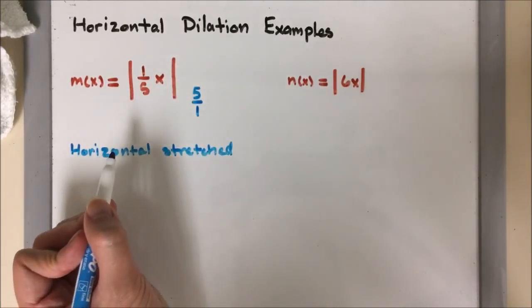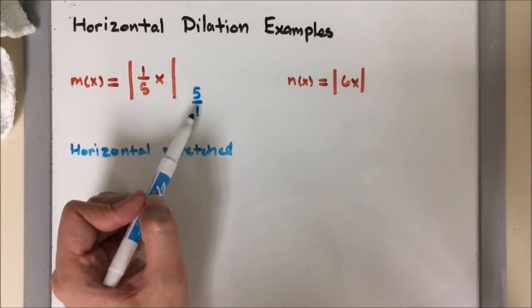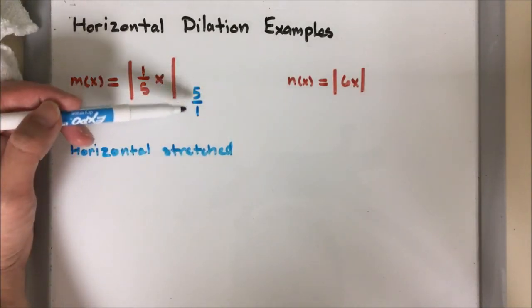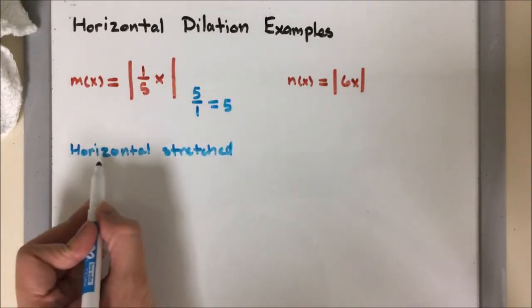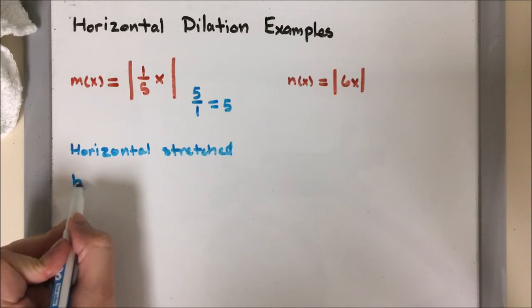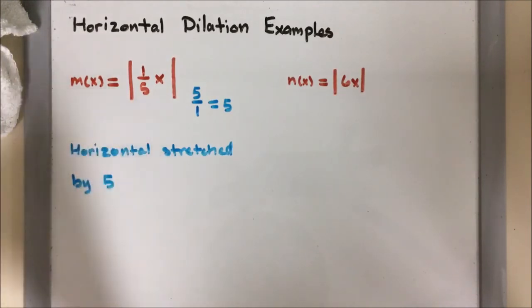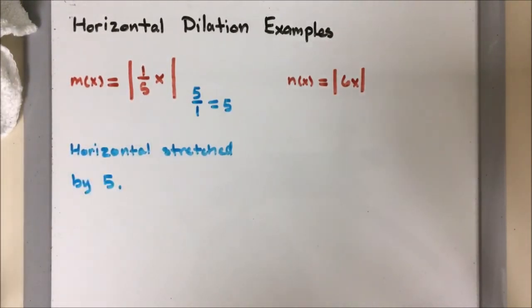I'm not going to leave that as a fraction. You can simplify 5 over 1, meaning what is 5 divided by 1? It's just 5. So I'm going to say horizontal stretch by 5. So that's all I have to do.